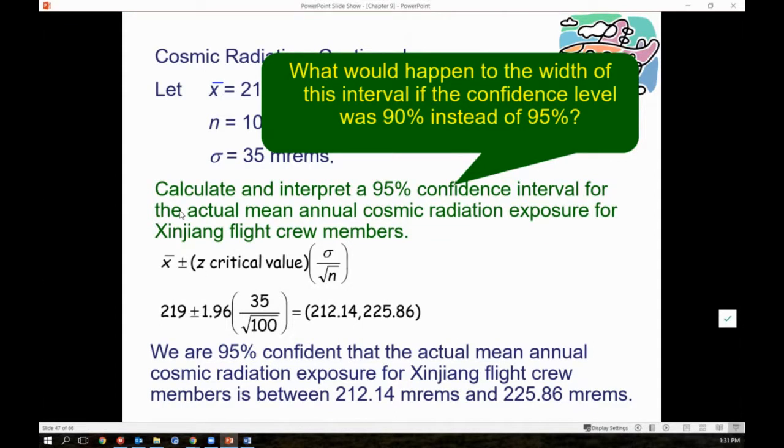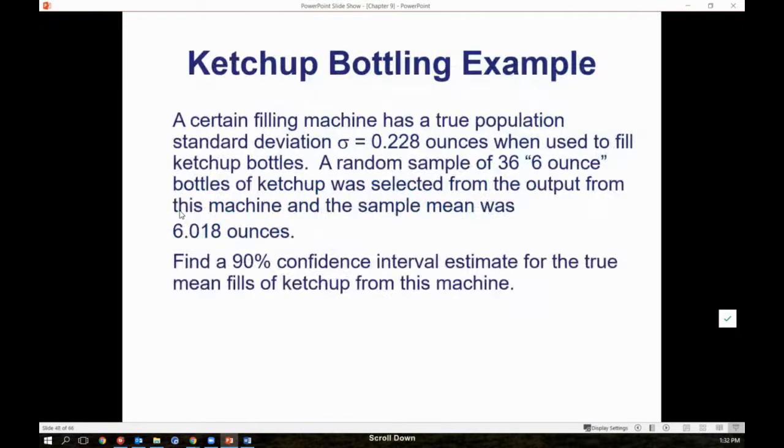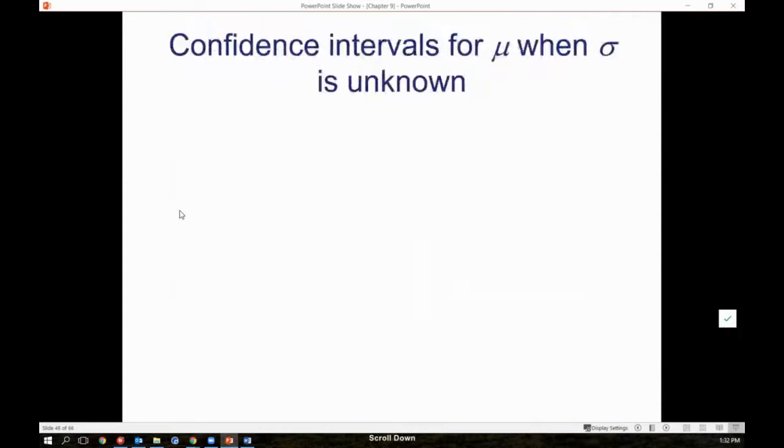As we go down in confidence, the width shrinks. As we increase in confidence, the width increases. Okay. Make sure we did all that. Yep, we did. Okay, so that's when sigma is known.